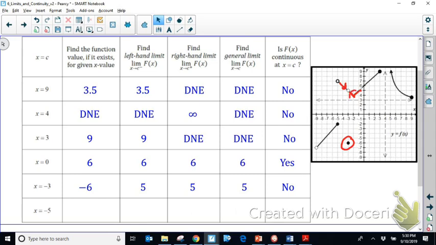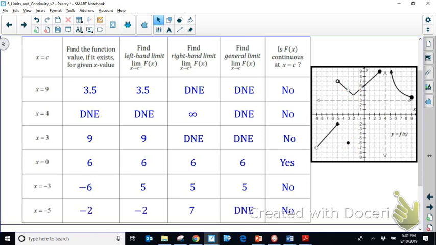And they're approaching where that hole is. So the limit does exist there. The limit at negative 3 would be 5. But the general limit and the evaluation of the function at that point don't match. So that's why we're saying it's not continuous.